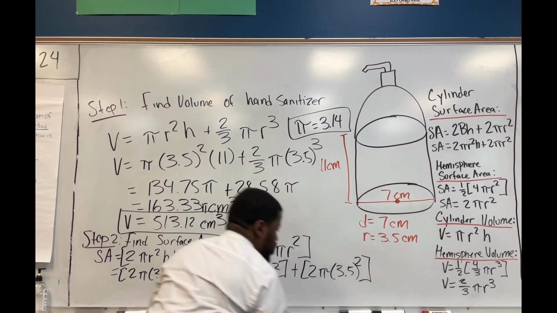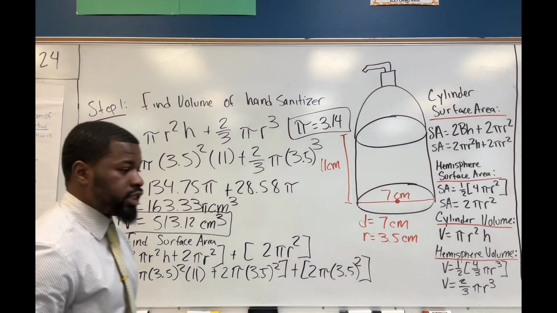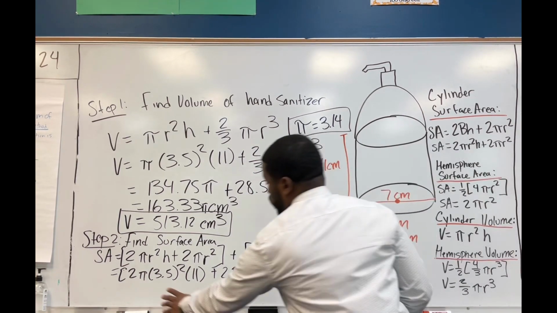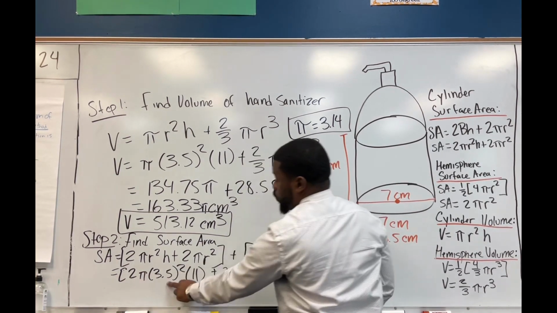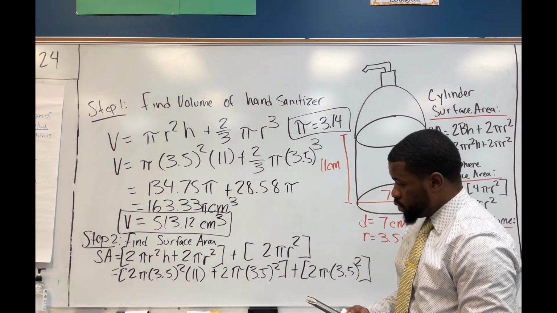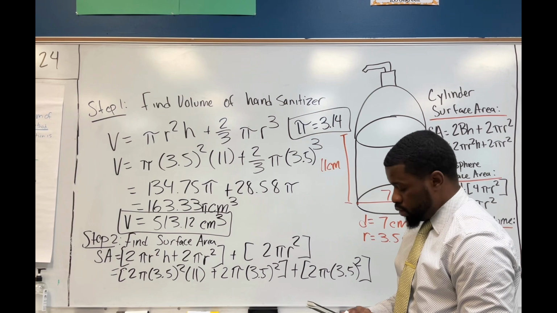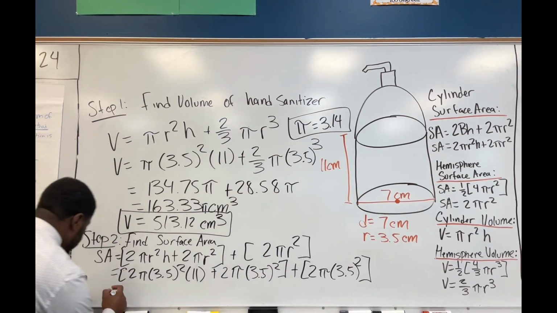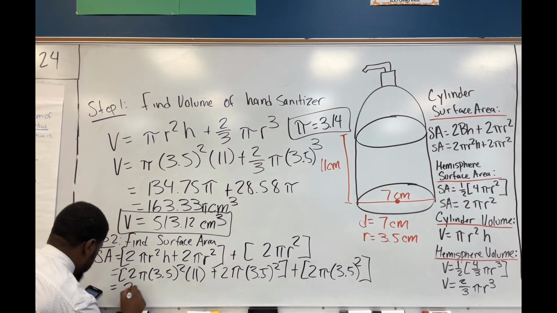Following the same process as I did before, I'm going to utilize my calculator to simplify these values. We're going to focus on the values here. We're going to have 2 times 3.5 squared times 11. We get 269.5 pi.